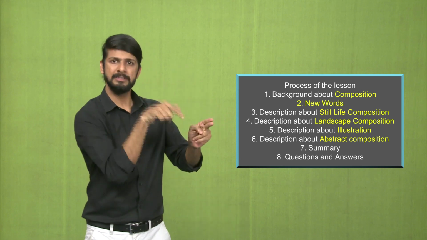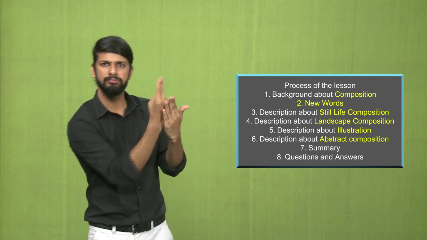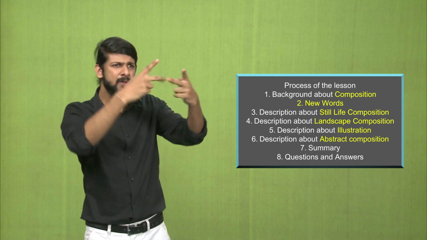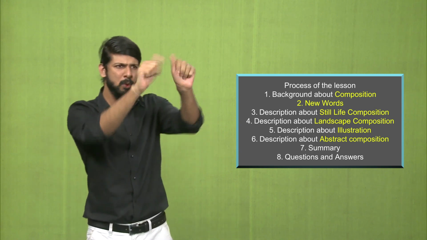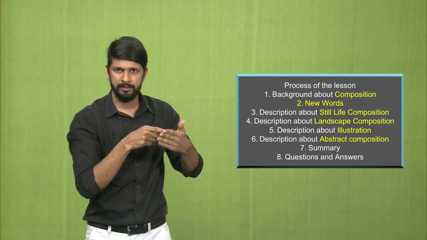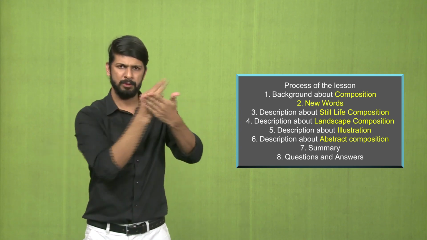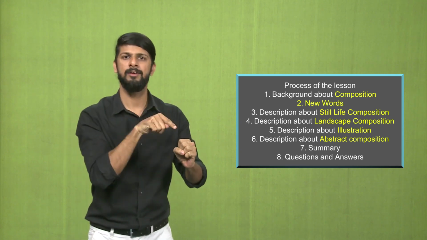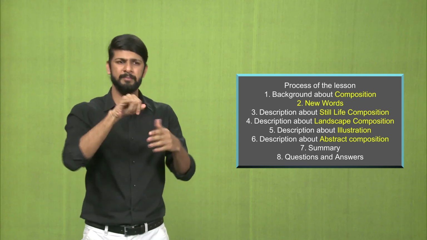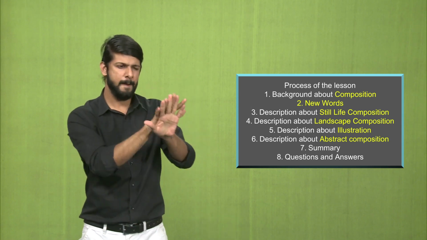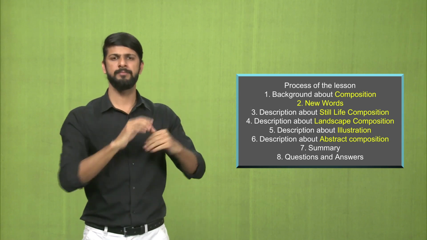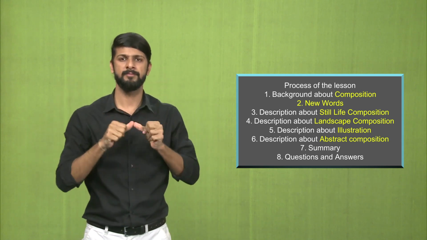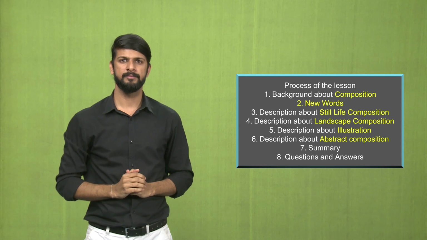So, first will be the still life composition, then the description about landscape composition, then description about illustration, and then we have description about abstract composition, the summary, and then the questions and answers.